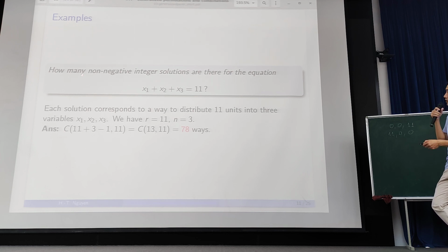For example, if I modify it a little bit, now I want to count the number of solutions which are not only non-negative but strictly positive. Then how many solutions are there? You can try.